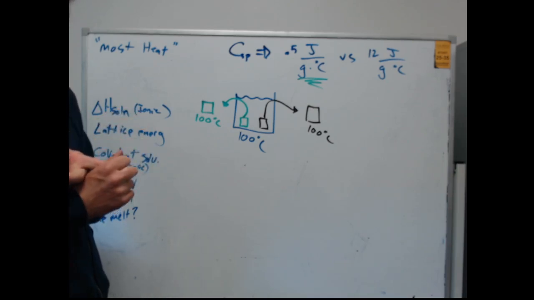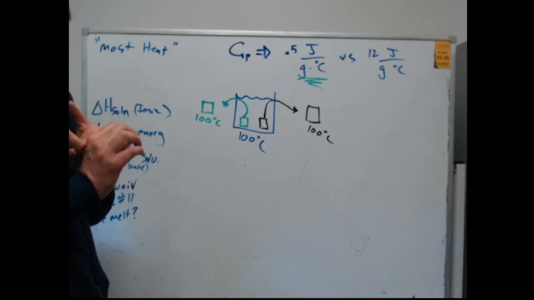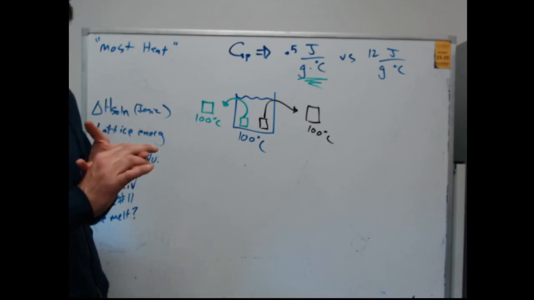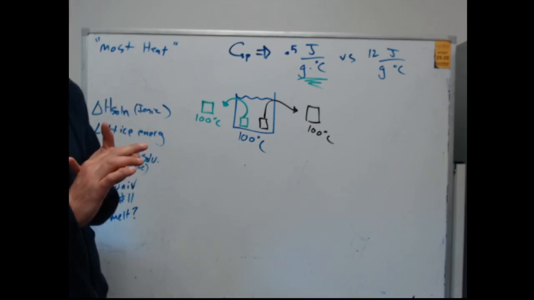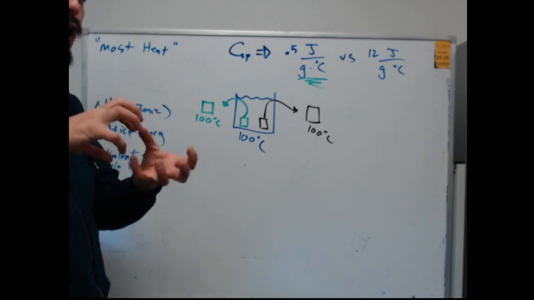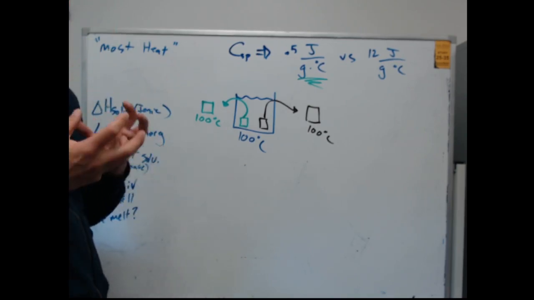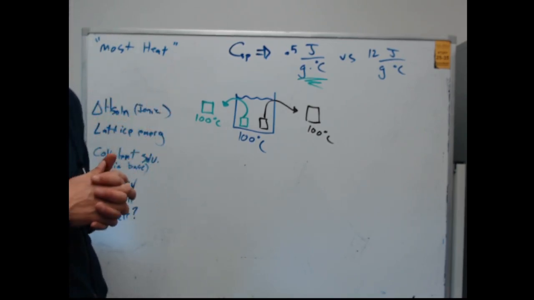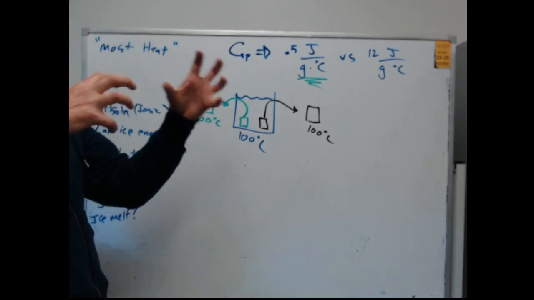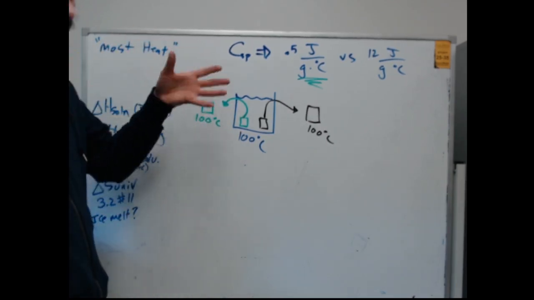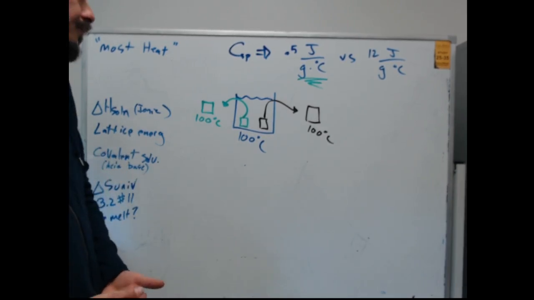It doesn't directly correlate with density, packing efficiency, or metallic bond structures. It's all of these ideas meshed together. It has to do with how well the atoms and molecules can wiggle around inside the material, and how much energy it takes to get them to wiggle before we start to see that as temperature.